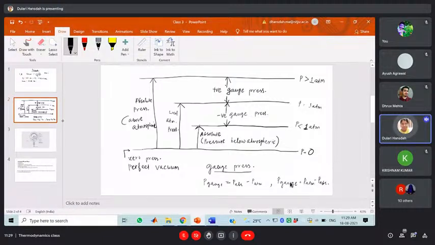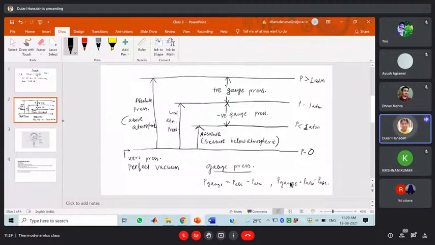Okay, what do you mean by perfect vacuum? Perfect vacuum means we can consider that there are no particles present in that case, or the momentum is zero. So that is known as a perfect vacuum.